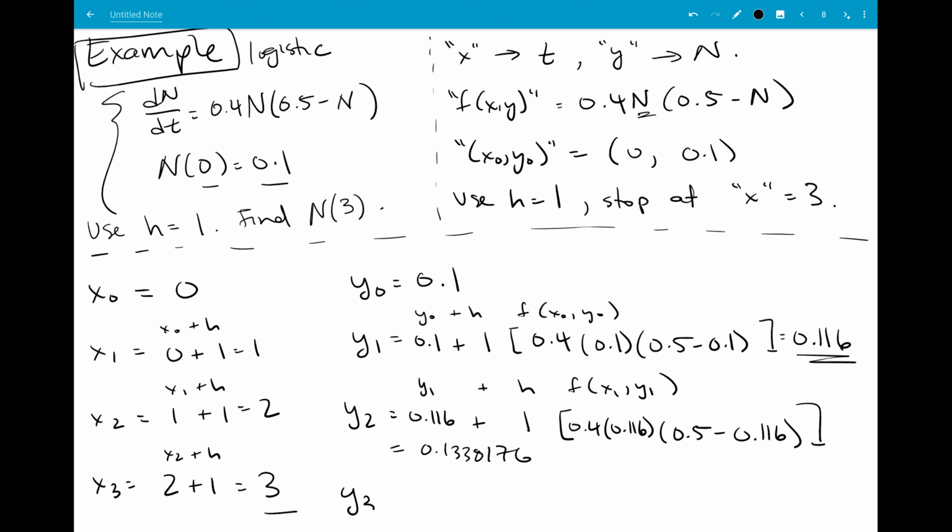And then I'm just going to write the formula for y3 because it's good practice, but we are not going to compute it. y3 is going to be y2 plus h f of x2, y2.